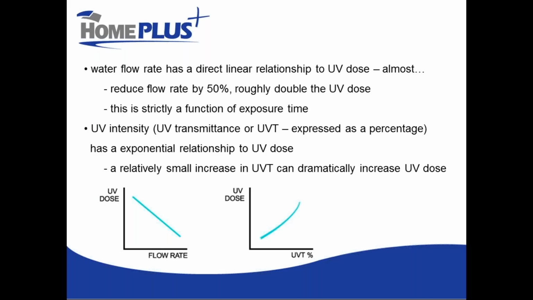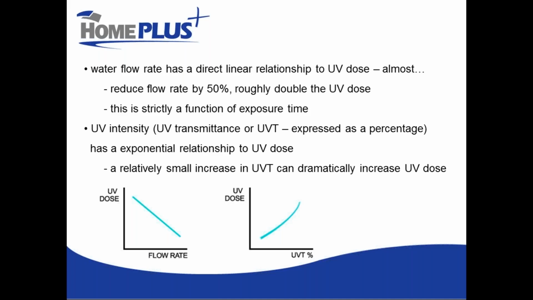Something else really important to understand is that exposure time, which is largely the flow rate of the water through the system, and UV intensity do not have equal effects on our dosage. The effect of flow rate or exposure time is almost perfectly linear. The only thing that makes it a little bit less than a linear relationship is that there are differences in flow dynamics as water moves through the UV chamber at a low flow rate versus a high flow rate.